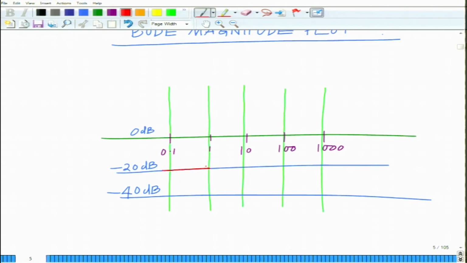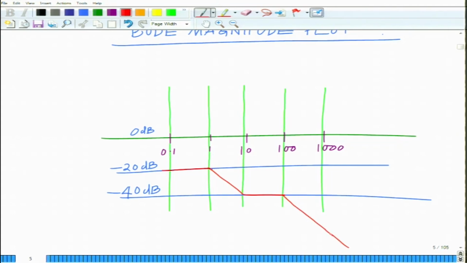When omega is between 1 and 10, it decreases 20 dB per decade, correct. Between 10 and 100, it is constant, minus 40 dB. And when omega is greater than 100, it again starts decreasing at 20 dB per decade. So, that would be something like this.